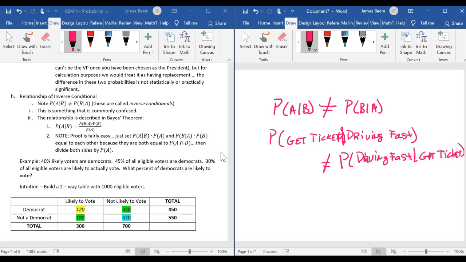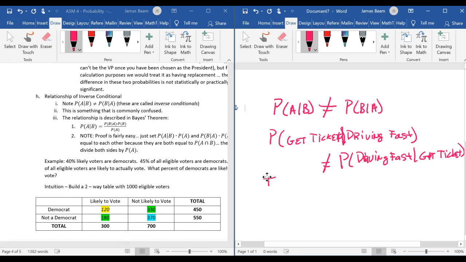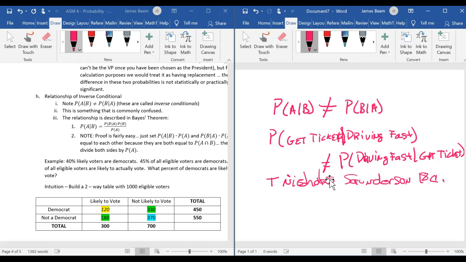So there's a guy in the 18th century named Nicholas Sanderson. He was a blind mathematician, and he discovered what later becomes known as Bayes' theorem.